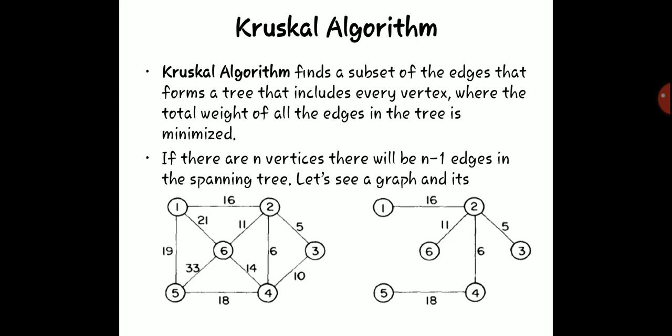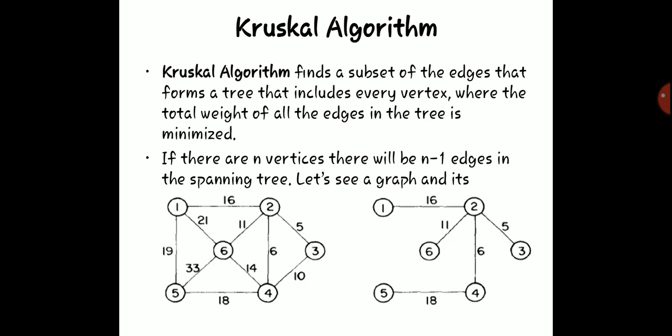Okay. So at this status, all the vertices have been included in the subgraph, so at this juncture we can stop. Otherwise we can consider the other edges also. For example, 21, that connects 1 and 6. But vertices 1 and 6 are already there in the spanning tree, so we do not take the edge 21. Consider the edge 19.